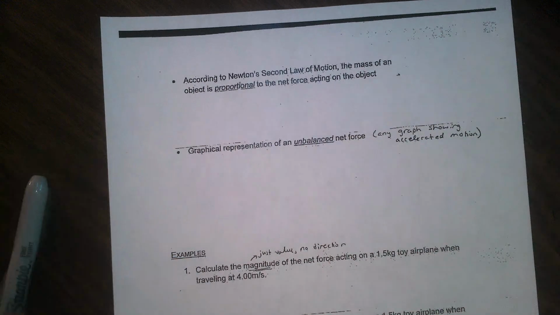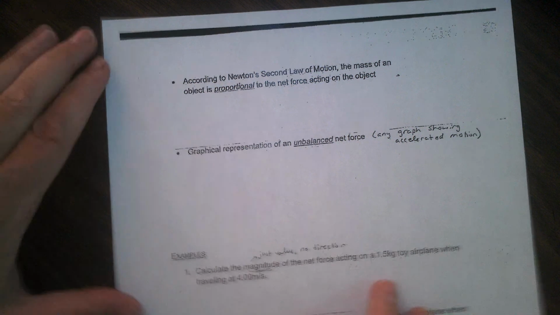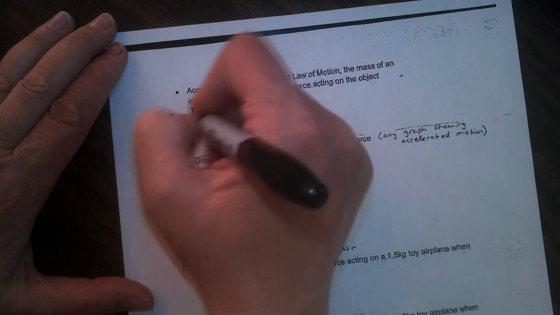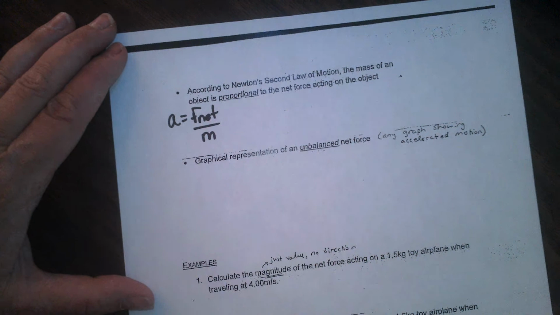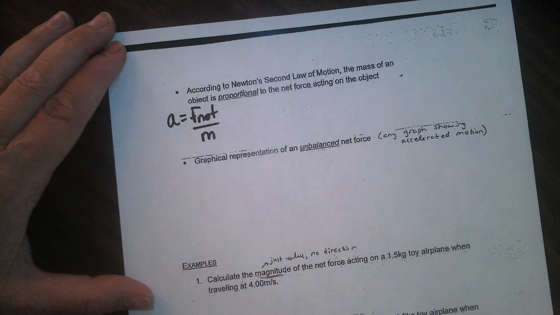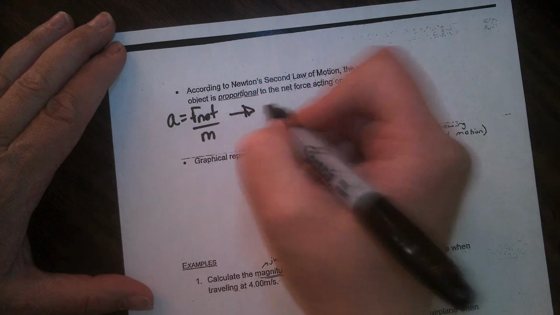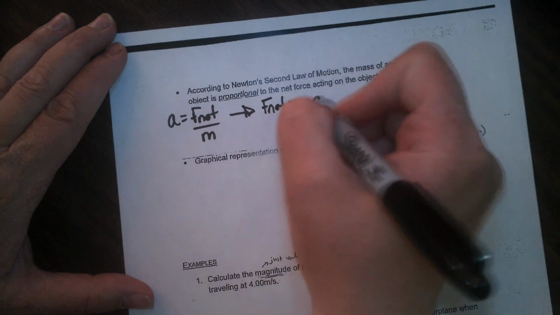Okay, so according to Newton's second law of motion, the mass of an object is proportional to the force net acting on it. So if I write it the way that it's in your data sheet, we know that we can rewrite it so that we have force net is equal to mass times acceleration.